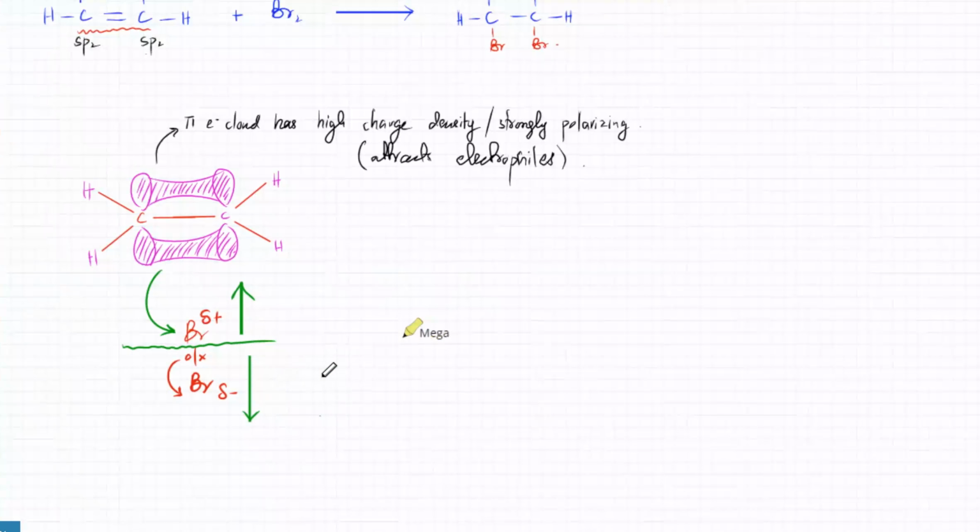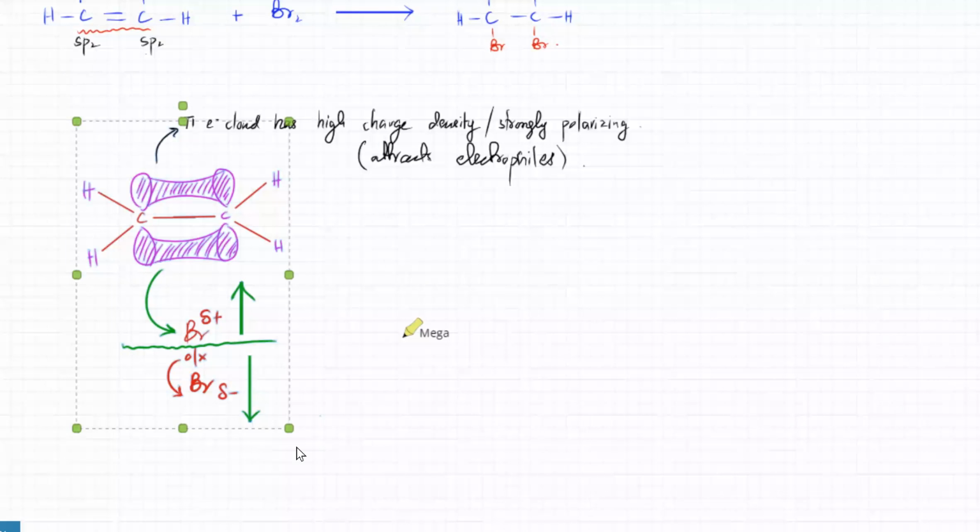So the story is that the bromine got polarized. One of them became positively charged and the other one became negatively charged. The negative one got even further repelled by the electron cloud. The positive one got even more attracted to the electrons. So here's your next step. This is what's going to happen.